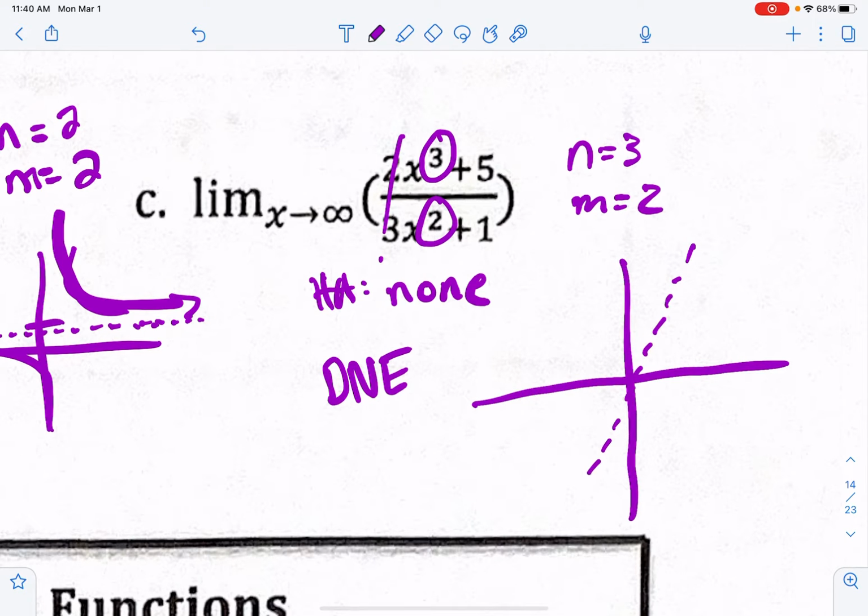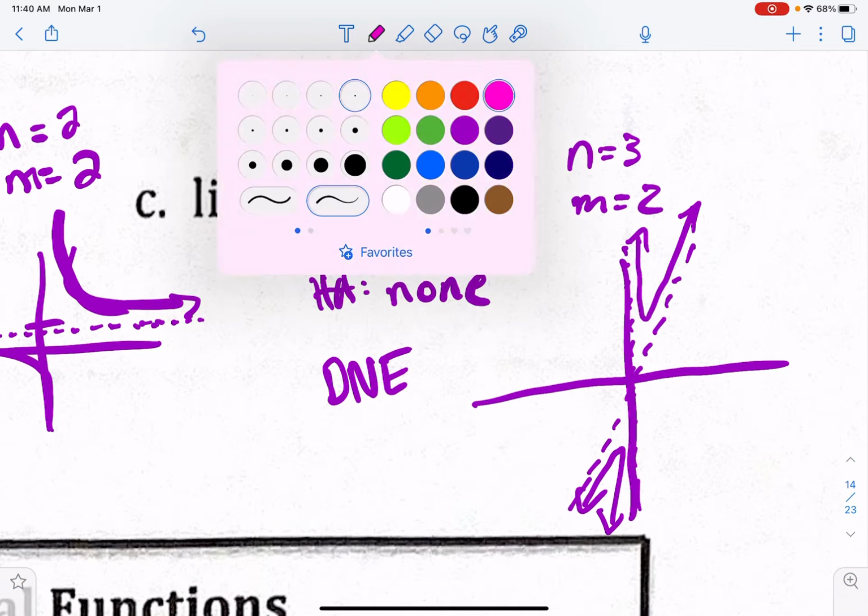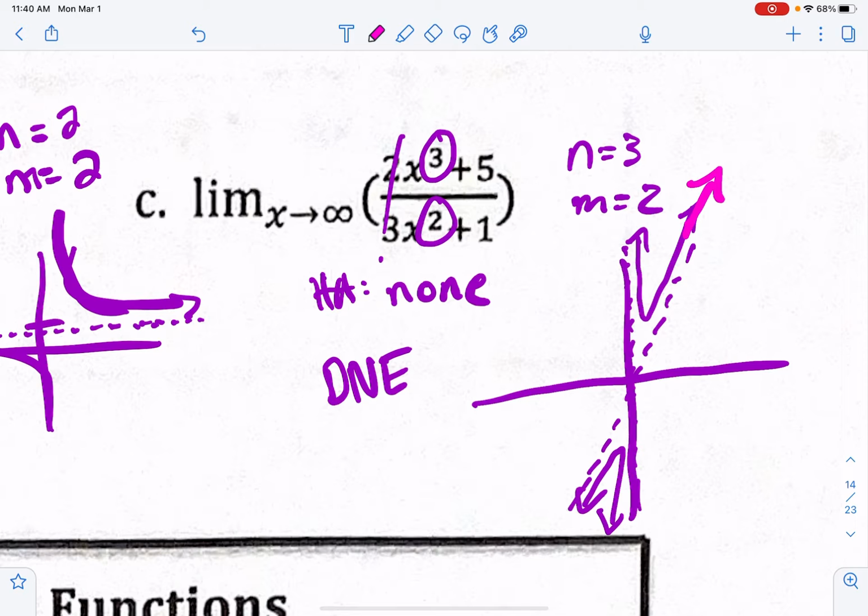I said that if it doesn't have a horizontal asymptote, usually it has a slant asymptote. So it probably has a slant asymptote and then a vertical asymptote, and then it looks something like, I don't know, this is a function maybe. Okay, something of that nature. So it's saying as x goes toward infinity, which would be this little piece right here, that's x going to the right forever and ever, but it's continuing to go up and up and up forever, but it's not approaching one particular y value.